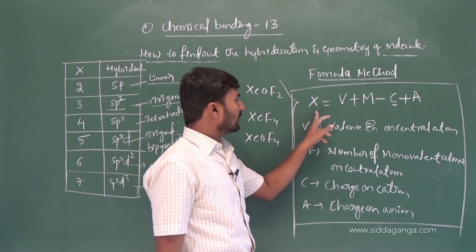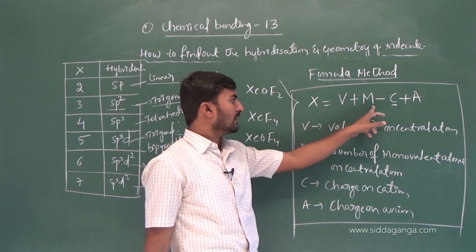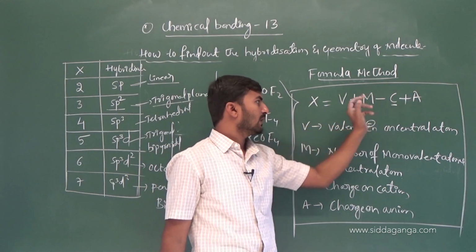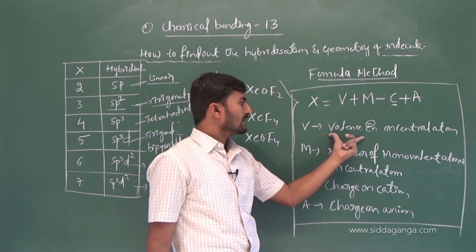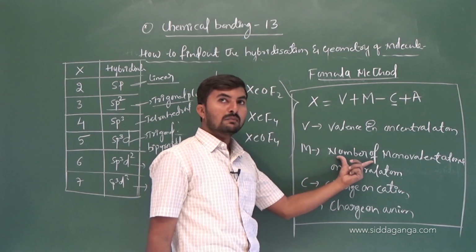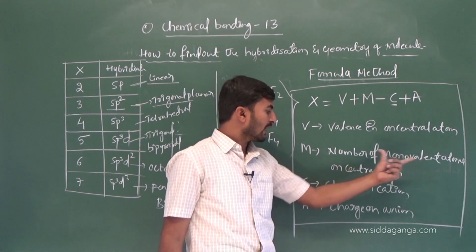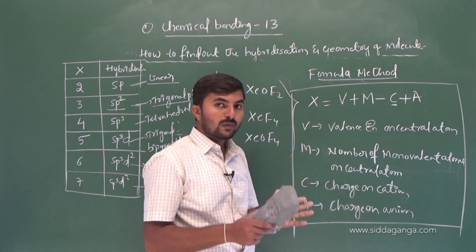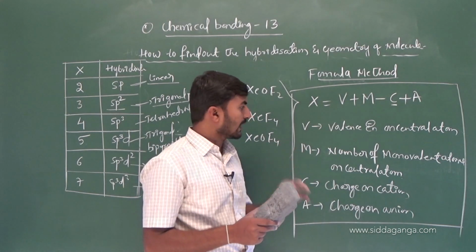Here X is equal to V plus M minus C plus A. V stands for valence electrons on the central atom, and M stands for the number of monovalent atoms on the central atom.